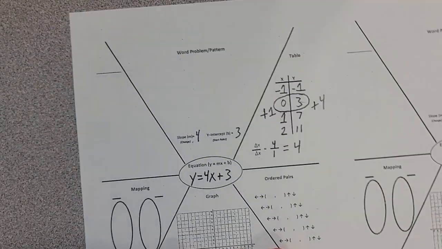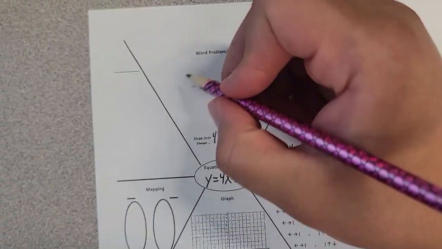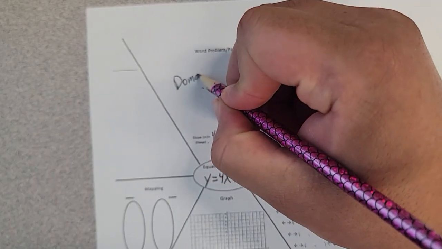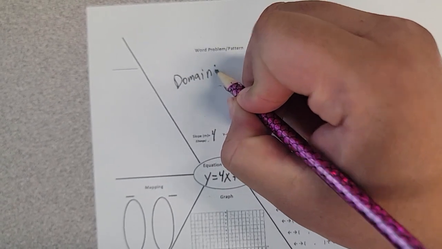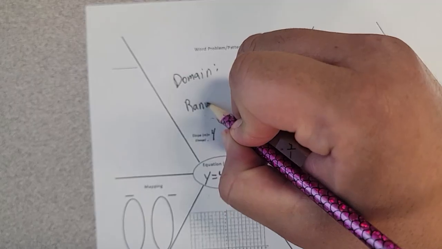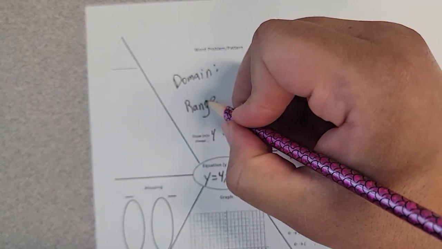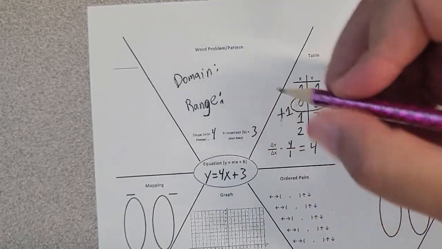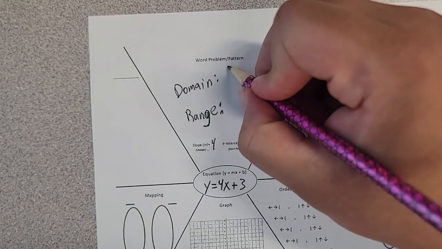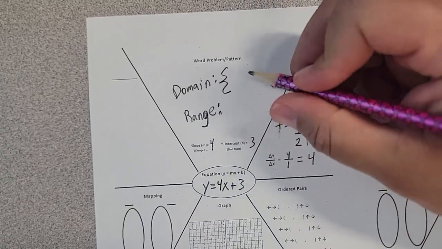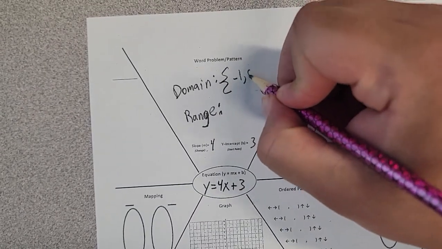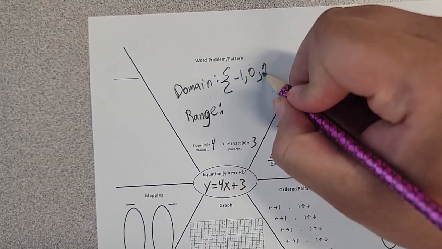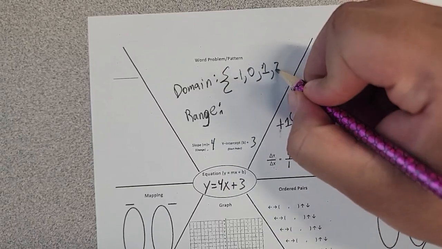Okay? But I want to concentrate on something else. I want you to write down domain. And I want you to write down range. For this domain and range, the domain is all of these x numbers. You have to make these little braces, these little squigglies: -1, comma, 0, comma, +1, comma, and then 2.